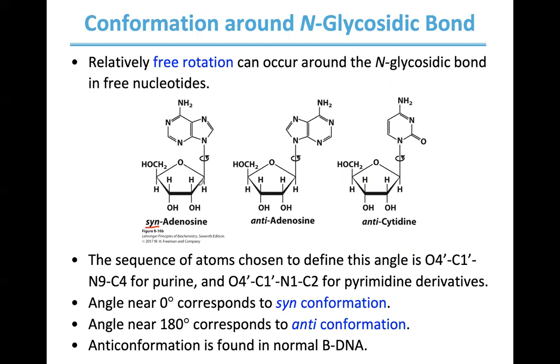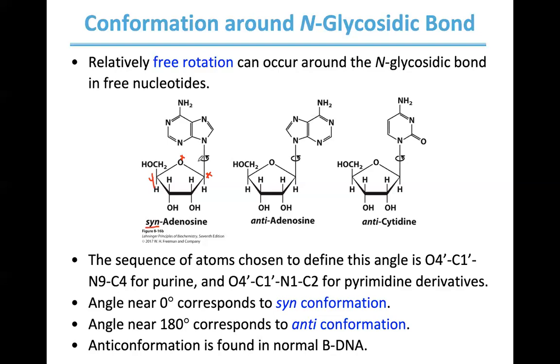And so which atoms do we use for that? Let's say for purine, it's going to be O4 prime, which is this one, the oxygen at position 4 prime of the ribose, right? Then C1 prime, which is this one.